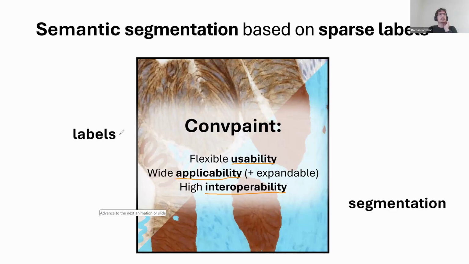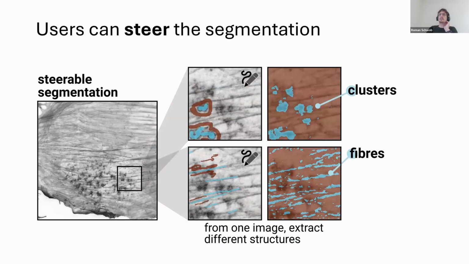So these are, I think, three really unique strengths of Convpaint. And one thing that's not necessarily unique to Convpaint, which you probably also know from Elastic, is that the segmentation is steerable. Depending on what you annotate, you can extract different classes. In this example, we have a cell with some clusters and also fibers.